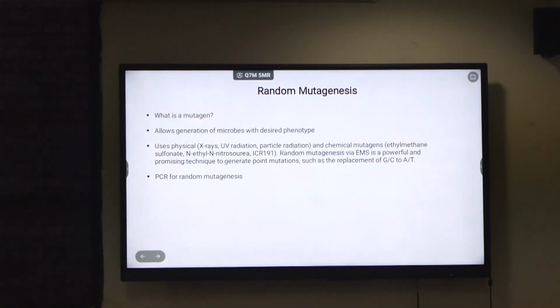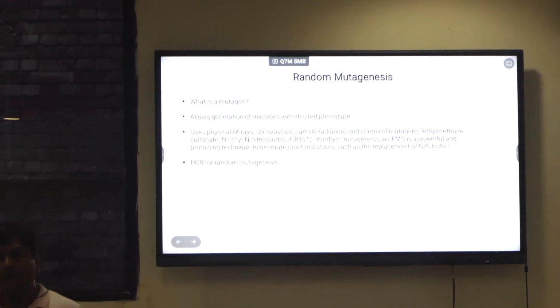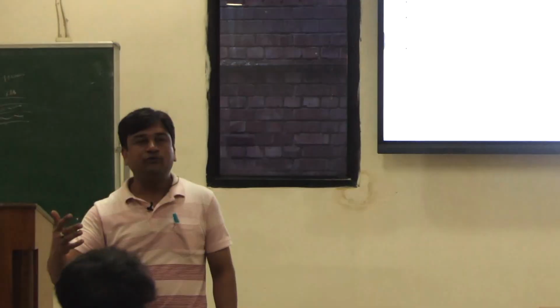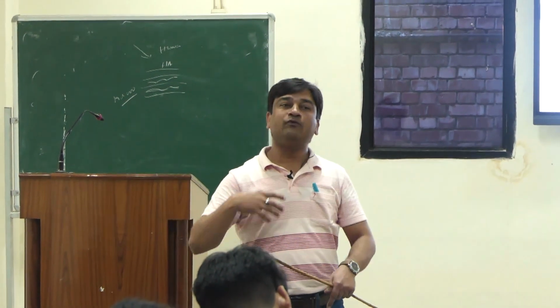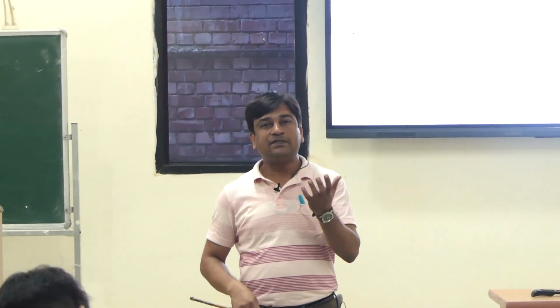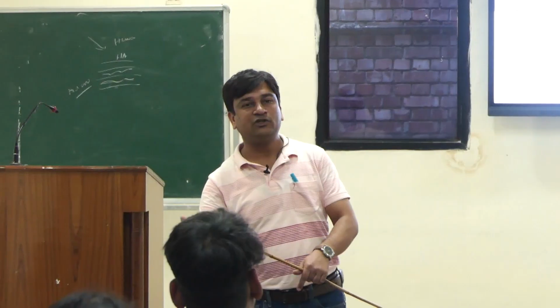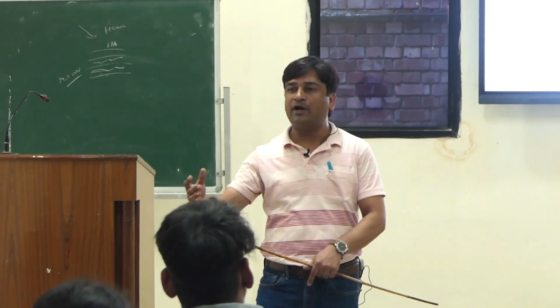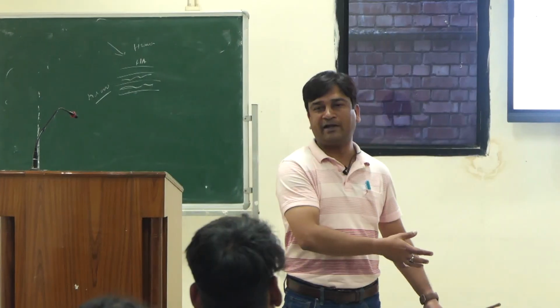Okay, in bacteria, you are interested in identifying the function of a certain gene. Okay, so then you will use certain specific tools to identify the function. But if you want to just use this tool to introduce random mutagenesis and ask how this function has been acquired because of what change in the genome, then you use random mutagenesis.